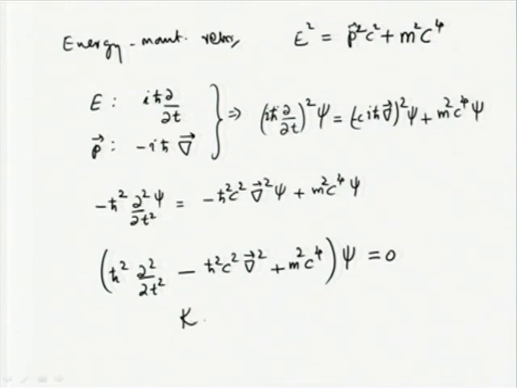And this is one of the ways to overcome the difficulty of the Schrodinger equation, to get an equation which dictates the dynamics of the relativistic particle represented by the wave function psi with mass m. So, this equation is known as the Klein-Gordon equation, after Klein and Gordon.